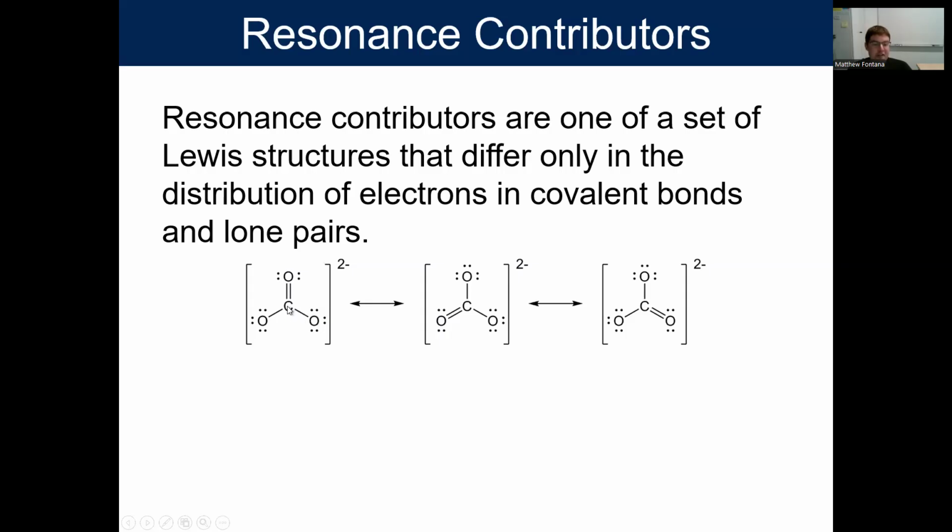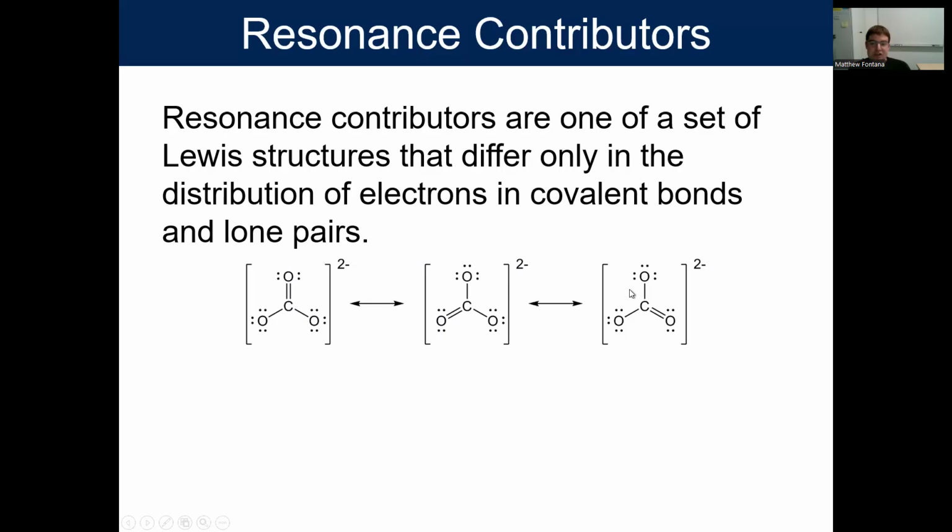So the carbon oxygen bond lengths will be somewhere in between that of a single bond and a double bond. And all three carbon oxygen bonds will have the same bond length because each one of them is going to have two contributions of single bond and one contribution of double bond. So, in short, the true structure is going to be the weighted average of the different resonance contributors.